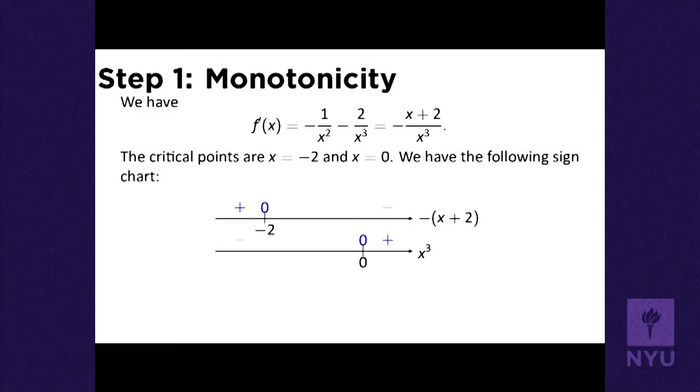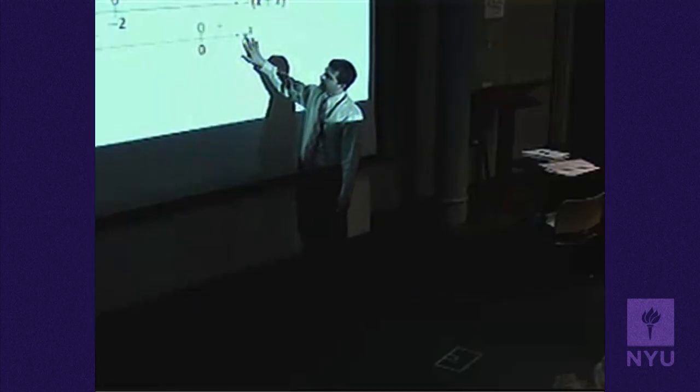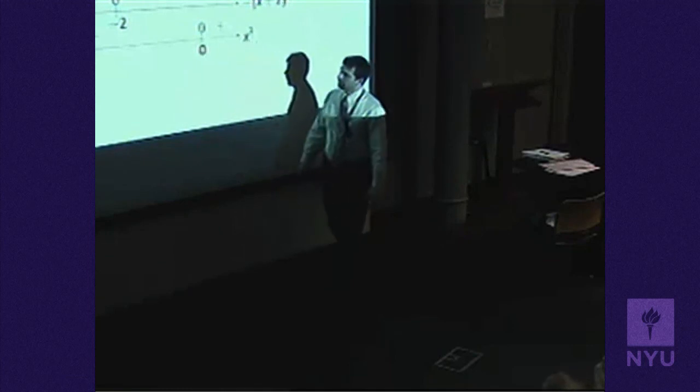So we have two sign charts, one for each factor, negative x plus 2 in the numerator, and x cubed in the denominator. Negative x plus 2 changes its sign when x equals 2. It's positive when x is less than 2, and it's negative when x is greater than 2. Now, x cubed is negative when x is negative and positive when x is positive.